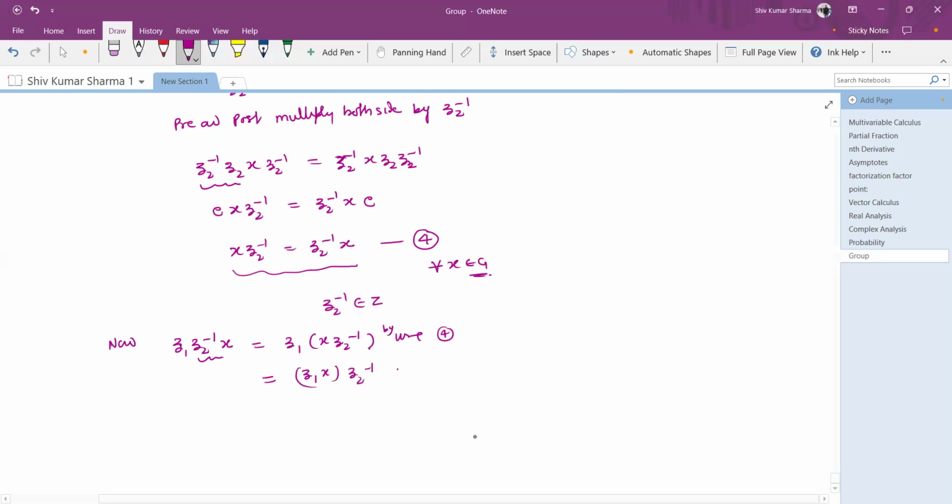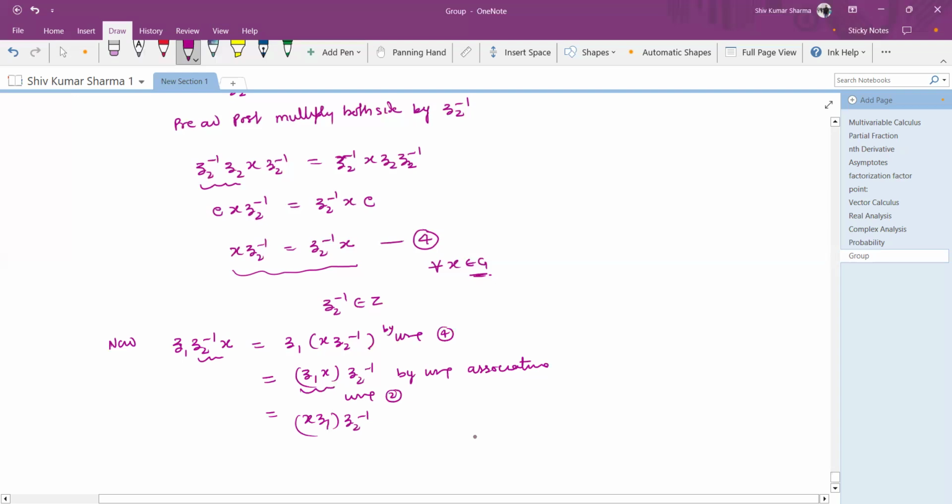By using the associative property, and now using equation 2, this gives us x into z1 into z2 inverse.